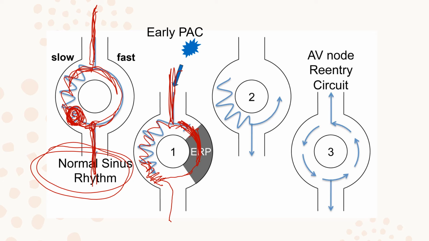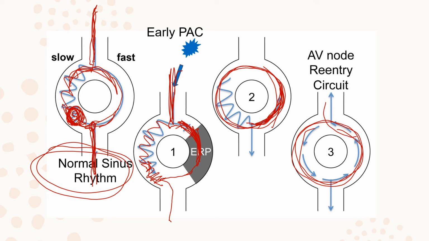Because of the timing at which this impulse hits the fast pathway, it's able to travel in a retrograde manner, and what begins is what we call a re-entry circuit. This is picture number 3. You have a re-entry circuit going in a circular manner, with impulses going retrograde back up to the atria and impulses going down to the ventricles, and this occurs in a very rapid manner.